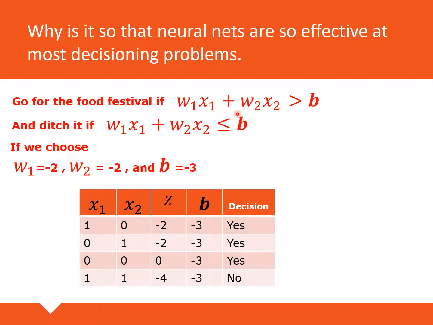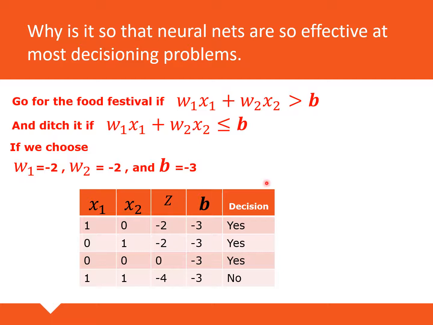If the linear combination W1x1 + W2x2 exceeds the threshold, then you decide to go to the food festival, and you ditch the plan if this linear combination W1x1 + W2x2 is less than or equal to B, right? And for the sake of representation, let us call this expression on the left hand side Z. That is what we will write in the table.